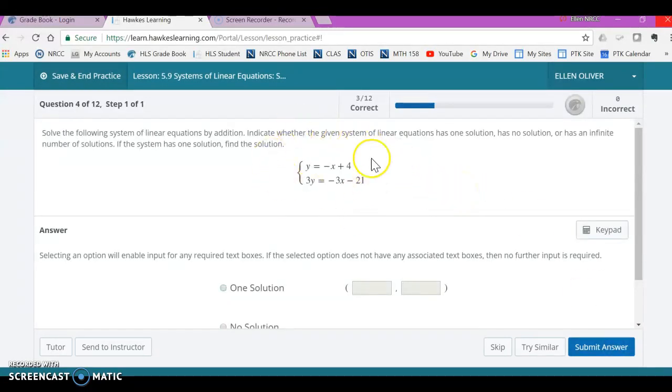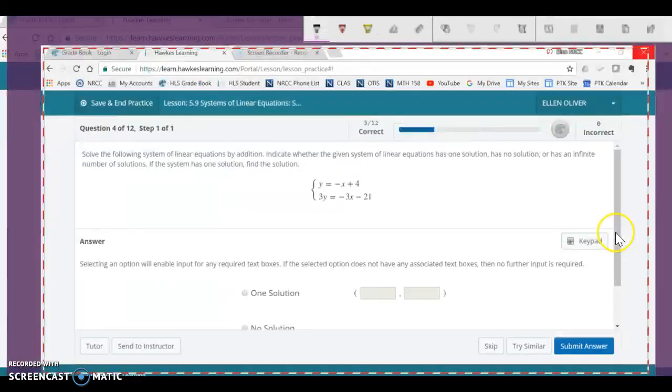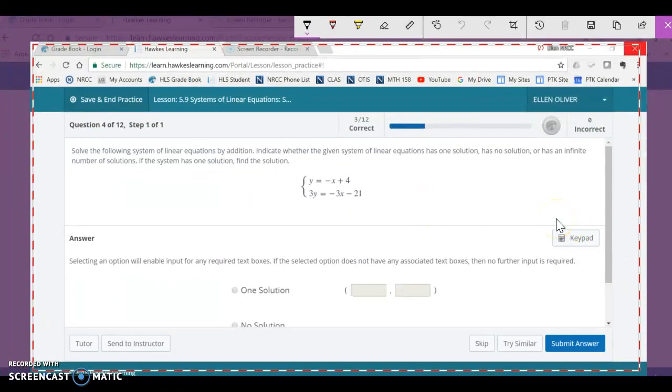Okay, so here's a great example. This one is already just totally set up for substitution. So why on earth would you not use substitution for this? Even though it says by addition, you've already solved for y in terms of x, so I'm just going to substitute that guy into here.